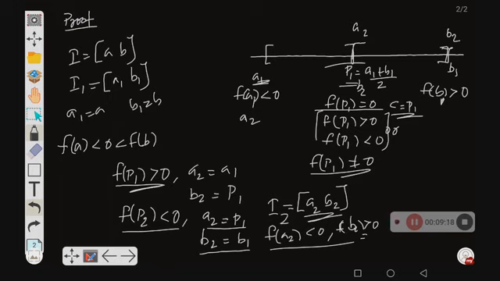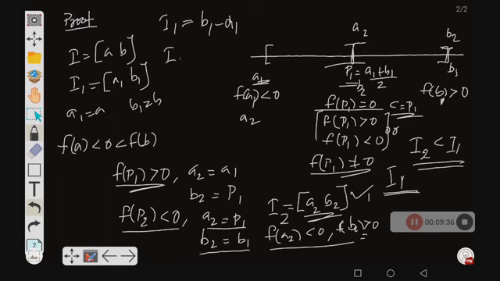And also the length of this interval is half of the interval I1, so surely I2 is contained in I1. And what is the length of I2? I2 must be half of the length of interval I1. If I1 has length b1 minus a1, then I2 has length 1 by 2 times (b1 minus a1).